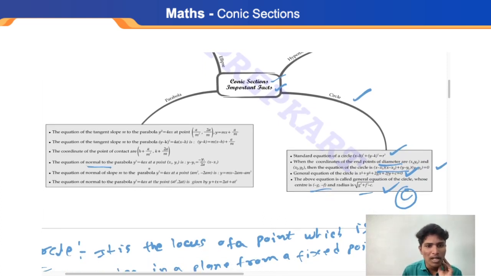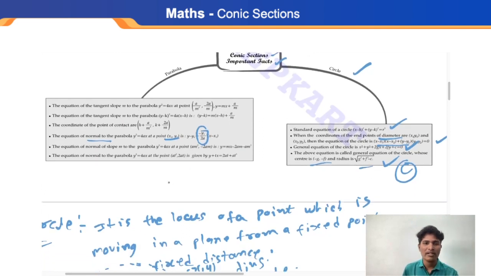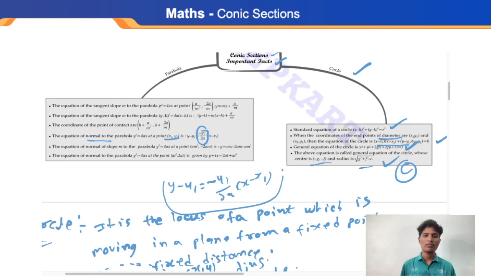The equation of the normal at the point x1 comma y1, we have to find the slope. The equation will be y minus y1 is equal to, at that point the slope is minus y1 by 2a into x minus x1. Yes, this is the answer.